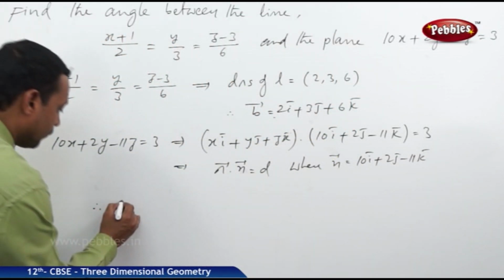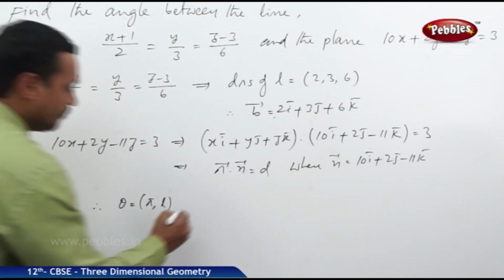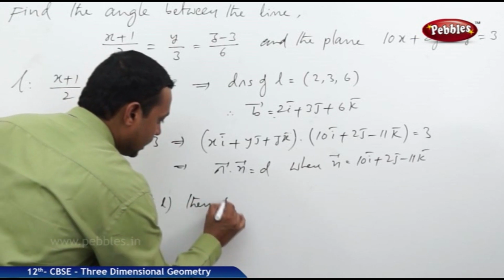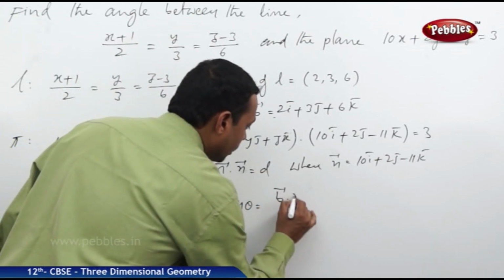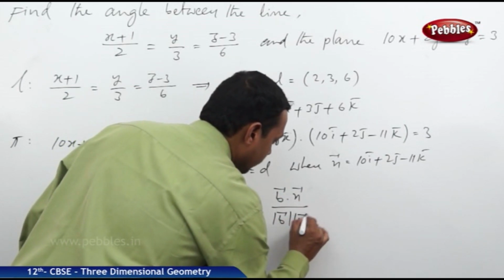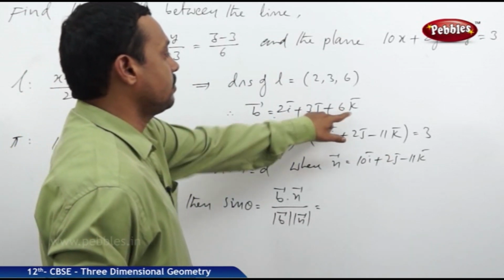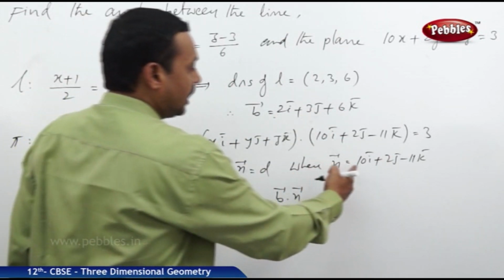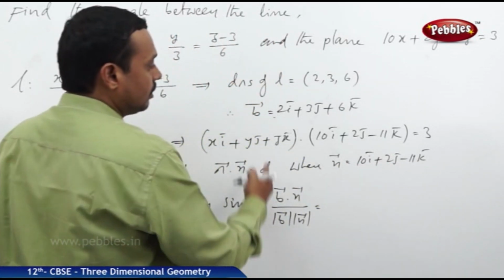Therefore, if theta is the angle between the plane and line, then sin theta is given by b bar dot n bar by mod b mod n. Here the b vector is 2i plus 3j plus 6k and the n vector is 10i plus 2j minus 11k.